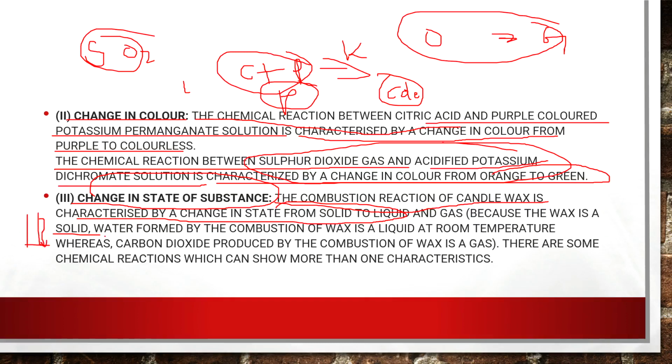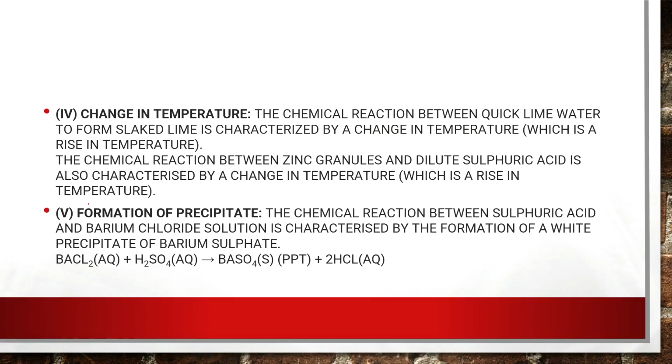The droplet is formed by combustion of wax, liquid at room temperature, where carbon dioxide is produced by the combustion of wax as a gas. So solid to liquid, liquid to gas. That is the best example of change in state of a substance.